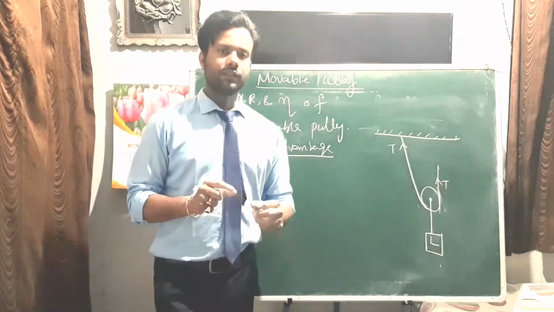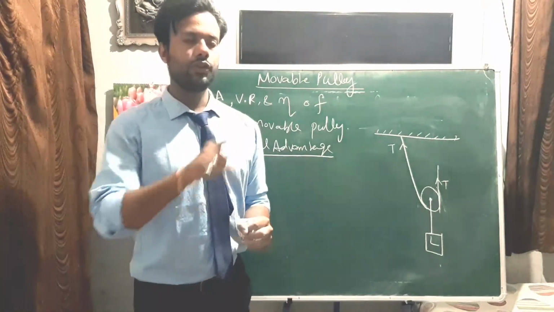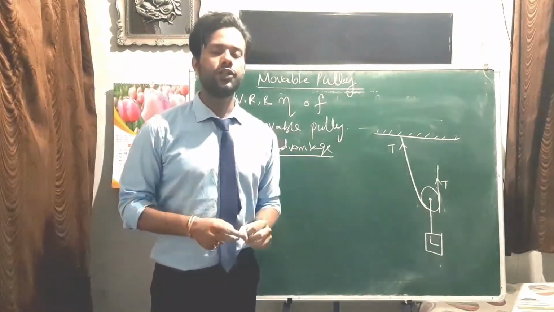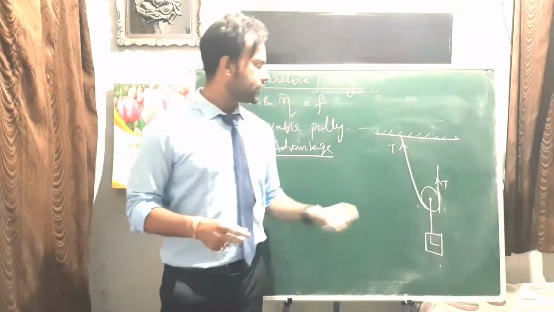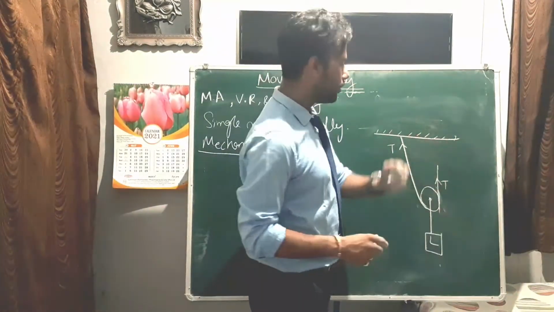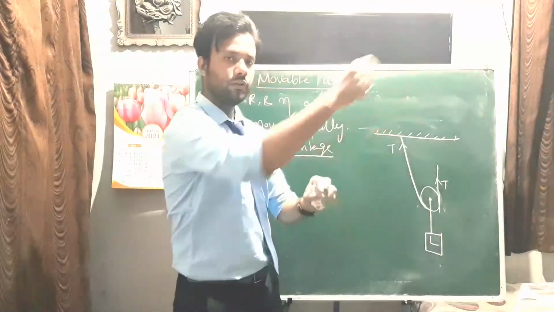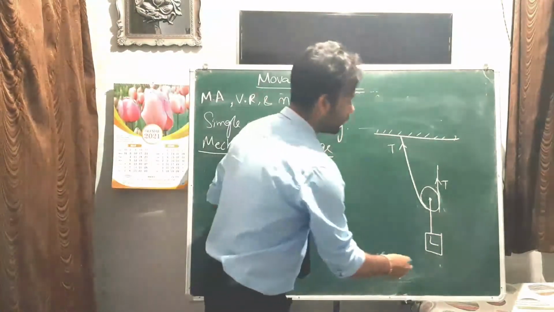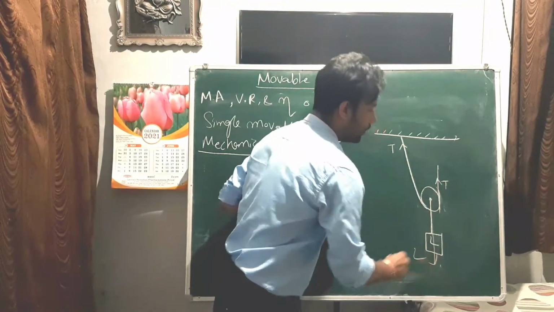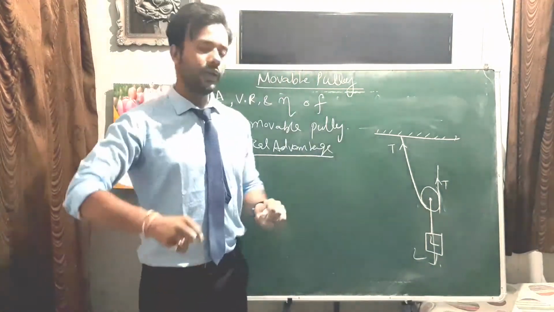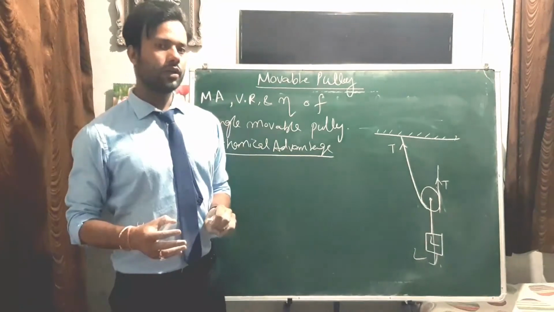I told you that if the string is common, then throughout the string the value of tension remains the same. So if it's acting T here, there will be T also here. Now load is acting downwards, so it is the direction of load L. Now where should we apply the effort to overcome this load?